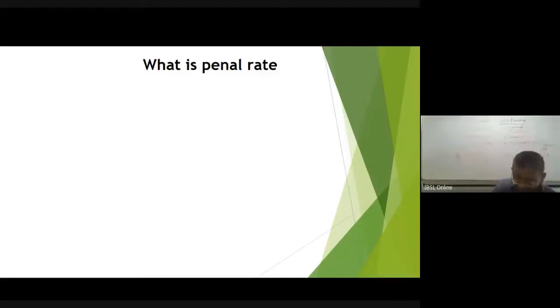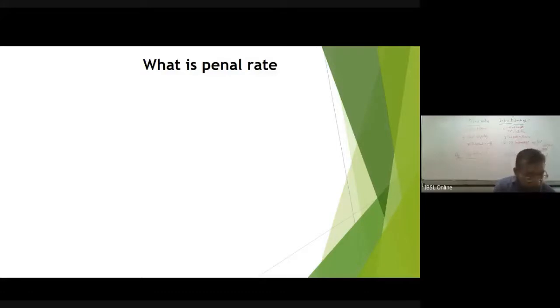Okay, let's define what a penal rate is. Please write down this small definition to complete the document.